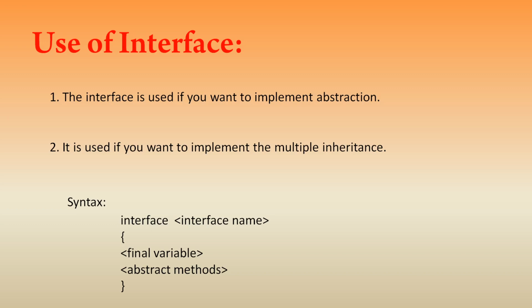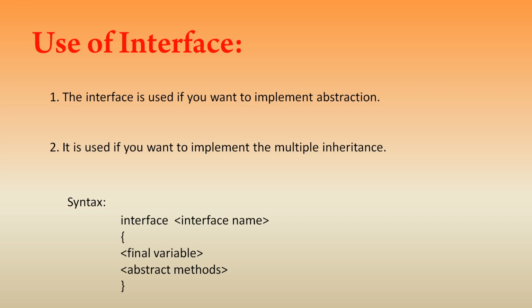Here is the syntax of an interface. Interface syntax is the same as a class. Instead of the class keyword we have to write interface, and instead of the class name we have to write the interface name. The interface name should be a valid identifier. What is a valid identifier?